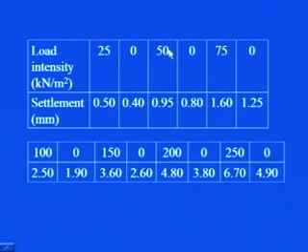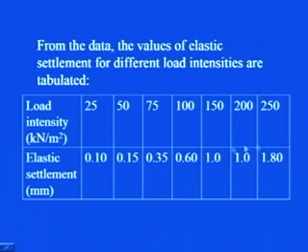However, in case of 50 kilonewton per meter square, the settlement is 0.95 millimeter, and when it has been brought down to 0, the corresponding settlement is 0.8. So here the recovery is 0.15, that is 0.95 minus 0.8. Correspondingly, you can find for each loading cycle and tabulate them in this manner.